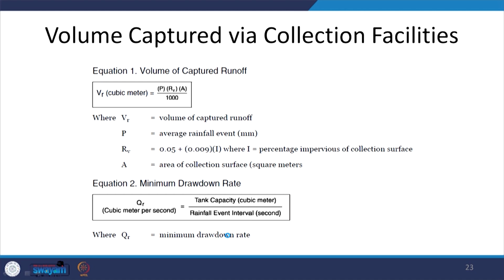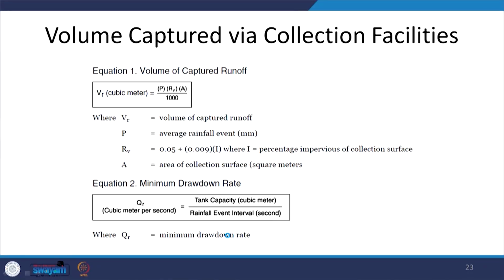Coming back again to how green building rating programs assess your efforts through design and selection of materials. It has to be a tangible way in which it can be assessed and evaluated. Here we do that through the calculation of captured runoff. Now, this captured runoff is a resultant of the rainfall, so it would vary from place to place.